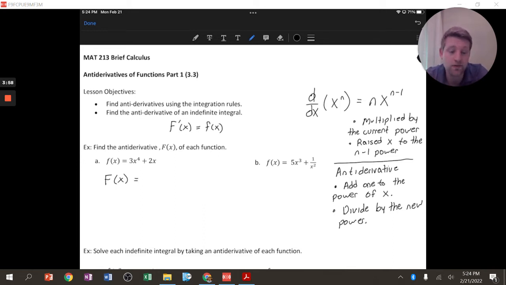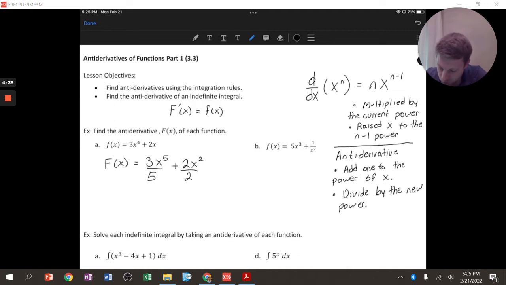So for this first term, we can take that 3x to the 4th, and we'll make that 3x to the 5th, adding 1 to the power, and we'll divide by the new power. For the second term, we have 2x, and I'm going to add 1 to the power, which would make 2x squared, and then again divide by that new power. So those two steps: add 1 to the exponent, and divide by that new power.